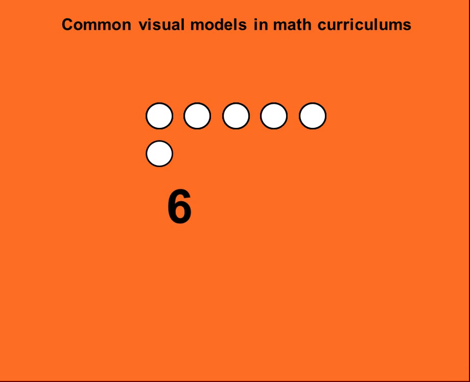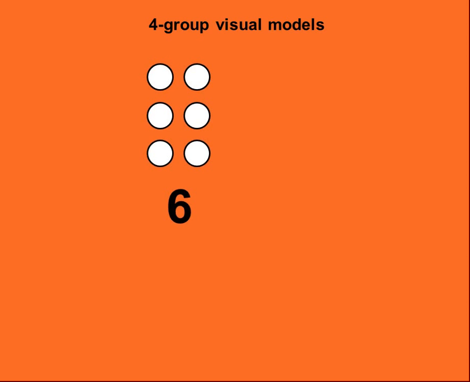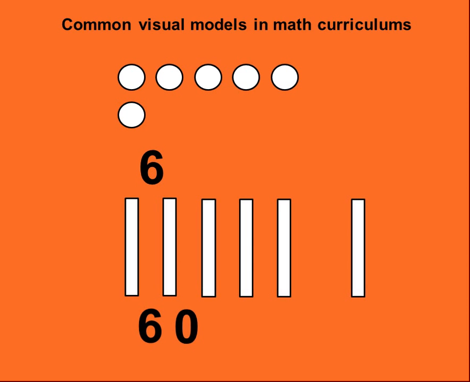Let's look at common visual models in math curriculums for place value. This is 6, and when it becomes 26, the 6 changes its visual model. The four-group model stays the same. 6, 26, 6. 60 has a new visual model.